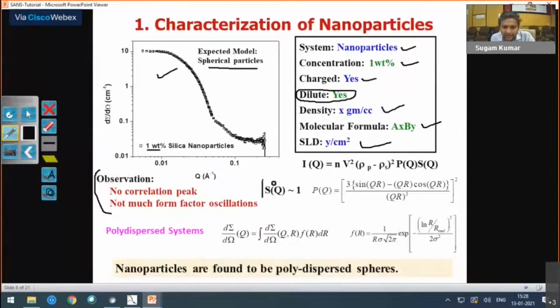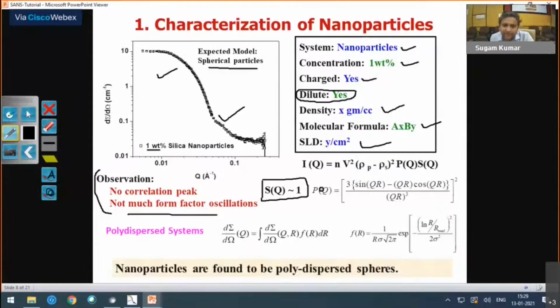This is one of the signatures of dilute systems. Even when there is repulsion in the system, if there is no correlation peak, the system is usually treated as dilute. There are no form factor or intra-P(Q) oscillations here, which usually appear here. They are absent, so this tells that the system is polydispersed.